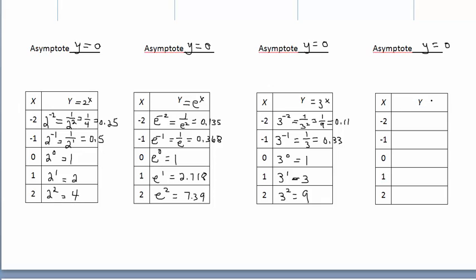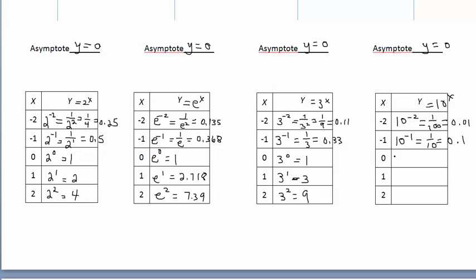Okay, so this function is 10 to the x. I don't know how I'm going to plot that.